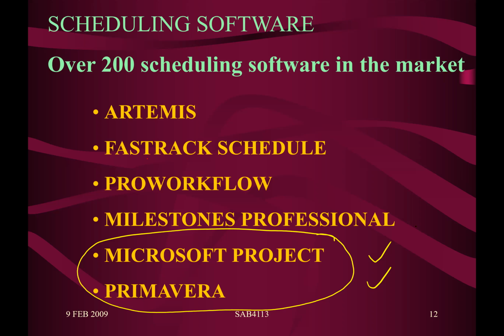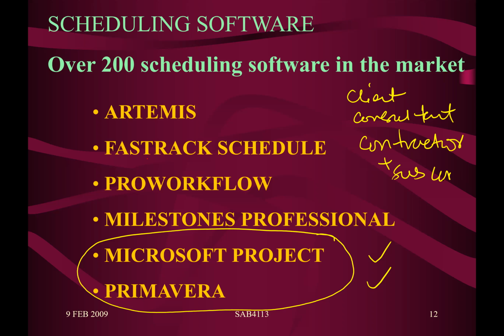But when you use scheduling software, you must remember who is going to read the file that you send to them. First the client, second the consultant, third you yourself, the contractor, plus subcon, plus supplier.